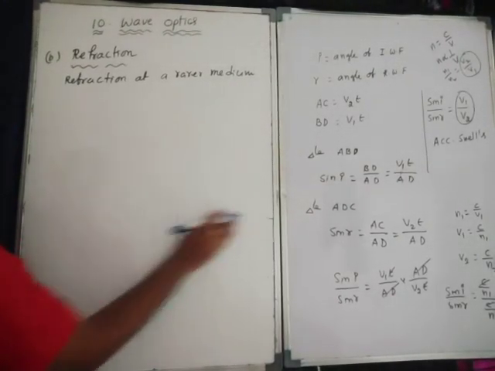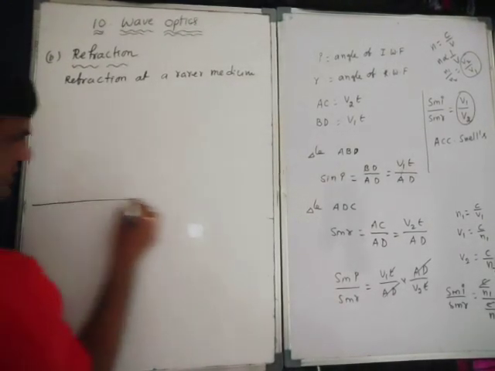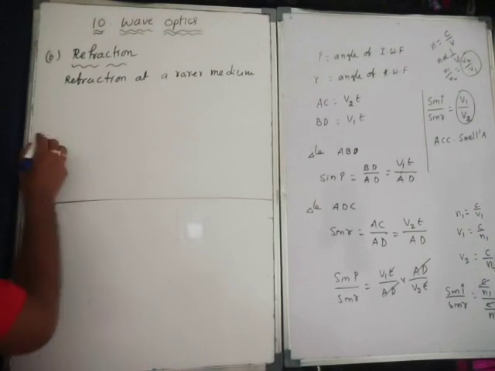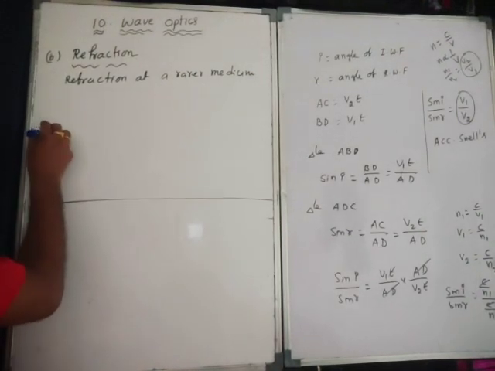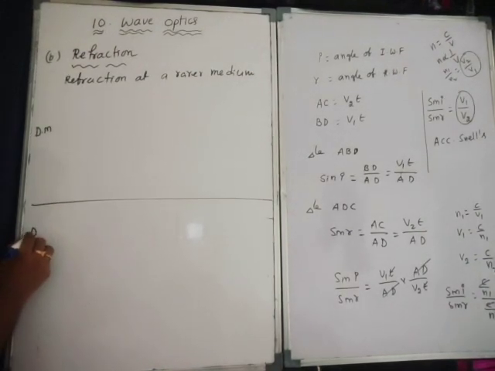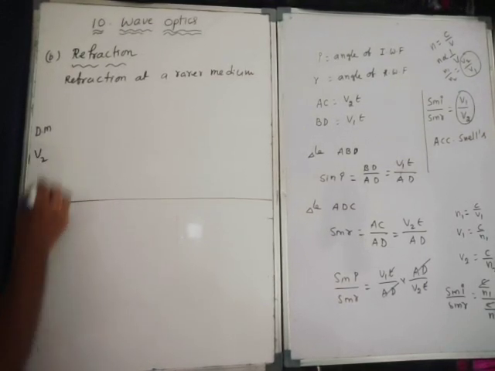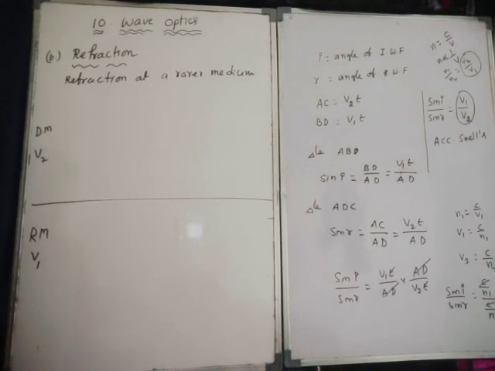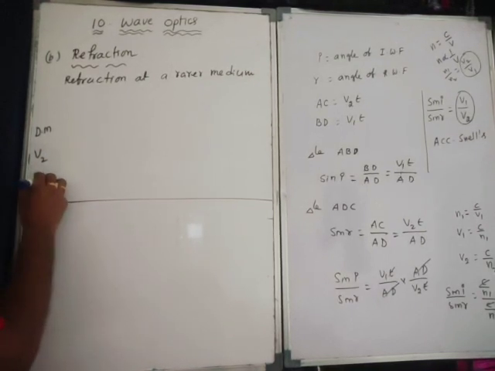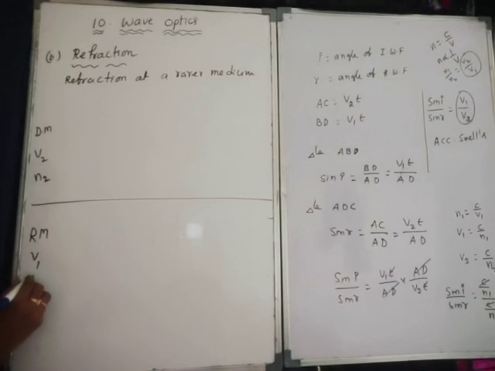So now I will consider this is the refracting surface. This is the denser medium, this is the rarer medium. This velocity is V2, this velocity is V1. This refractive index is N2 and this is N1.